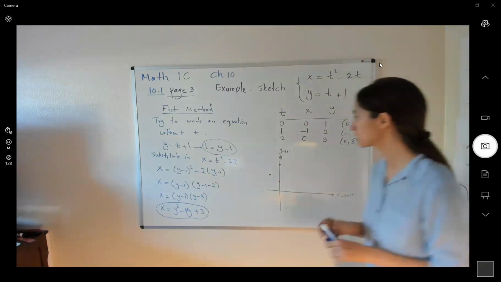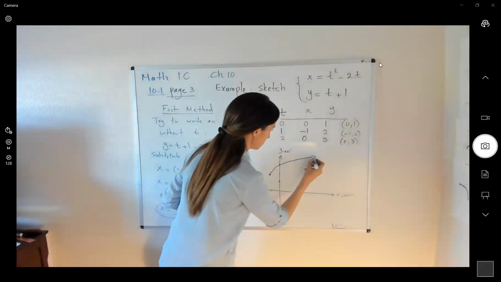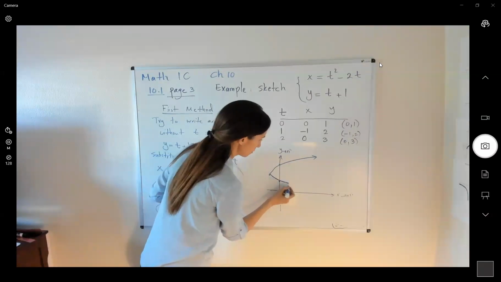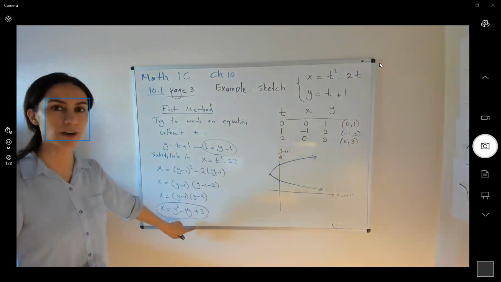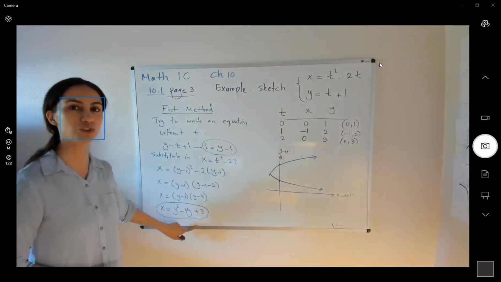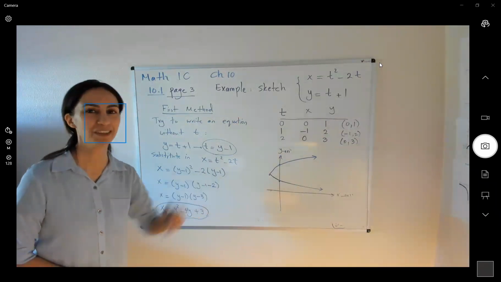It seems like the behavior of the function is like this. You can check your graphing guess using Desmos or GeoGebra or your graphing calculator. You get the exact same graph.